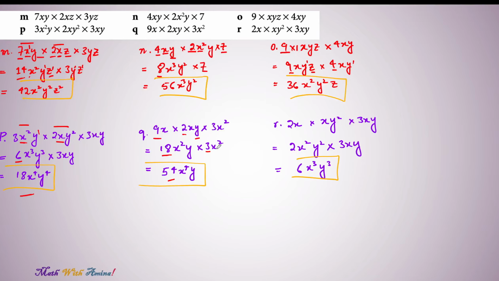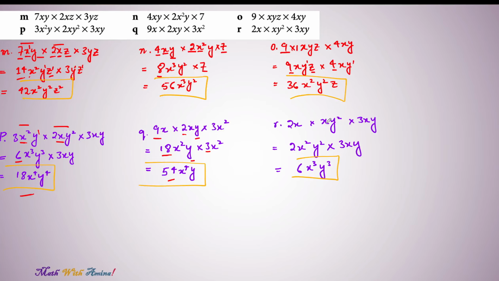X square multiplied by x square is equal to x raised to the power of 4, because their powers are added, so 2 plus 2 is equal to 4. Y appears only once in this term with power 1, so we will write it as it is next to x raised to the power of 4. So the simplified expression would become 54x⁴y. So this 4 is in the power, and this y is in multiplication with x.